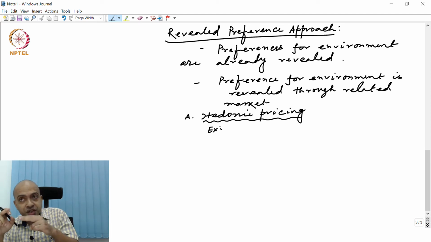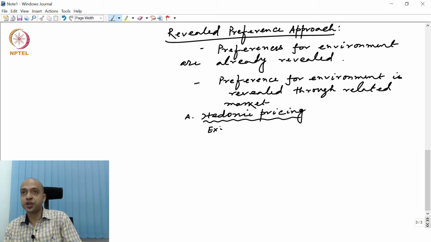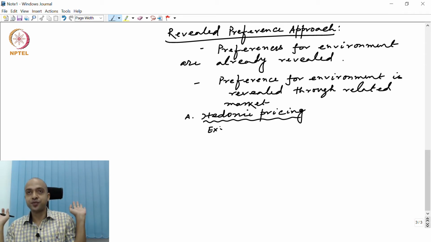So that means for a same 2 BHK apartment, consumers might be willing to pay something extra if the house is located in a different place where there is lot of greenery and there is less pollution. Then the additional money, the premium what the consumers are paying, that is basically showing the consumer's preference for environment, which is revealed through this housing market.